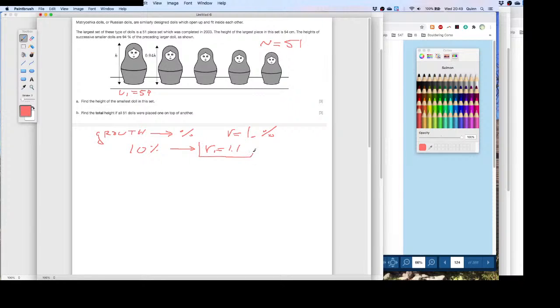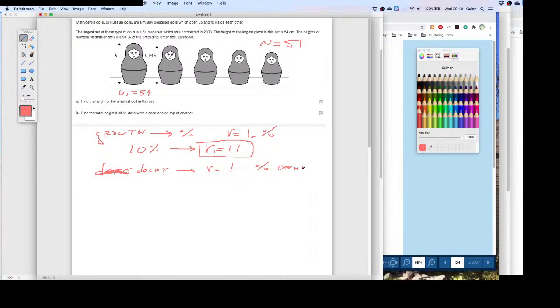All right, so there's a hint for growth. If you have decay, meaning the value is going down, like your car is depreciating, your r is always equal to 1 minus the percentage as a decimal.